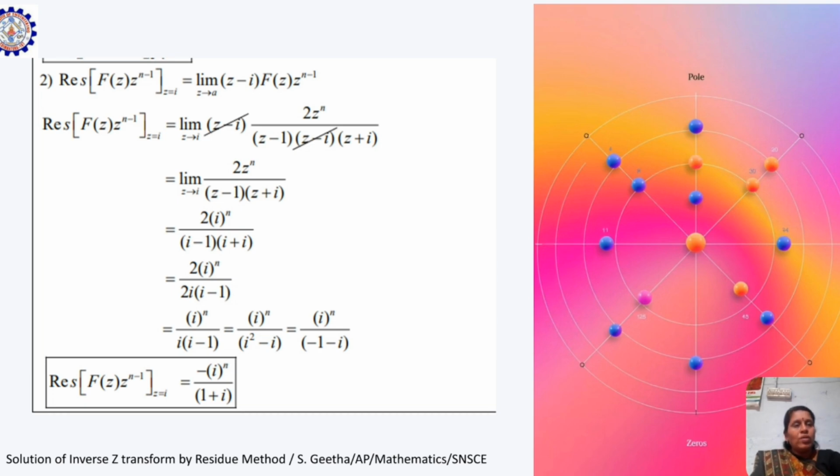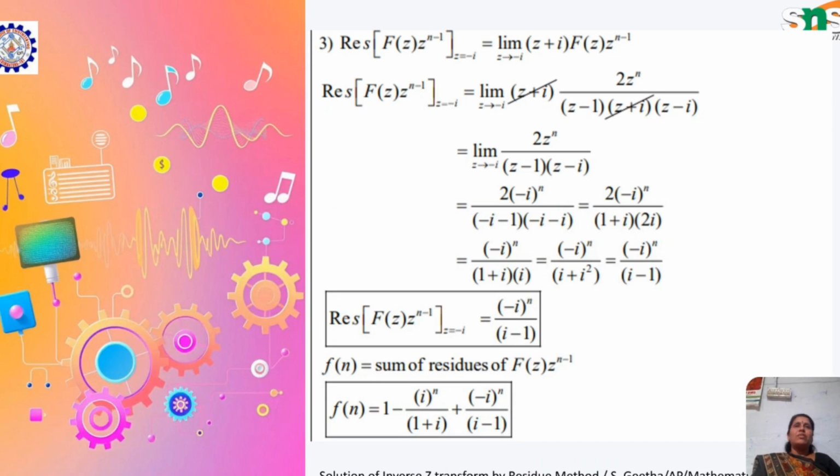Now we are going to calculate the residue at Z equal to minus i, which is equal to limit Z tends to minus i of (Z plus i) into 2 into Z power n divided by (Z minus 1) into (Z plus i) into (Z minus i). Here we are cancelling Z plus i by Z plus i. After that it will become limit Z tends to minus i of 2 into Z power n divided by (Z minus 1) into (Z minus i).